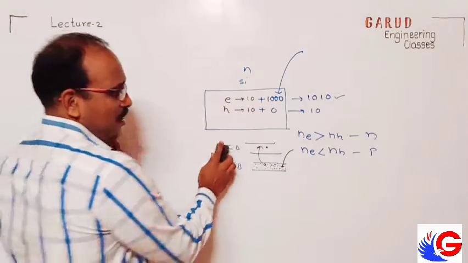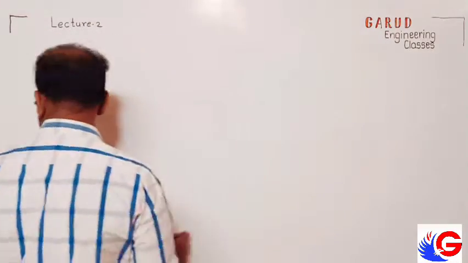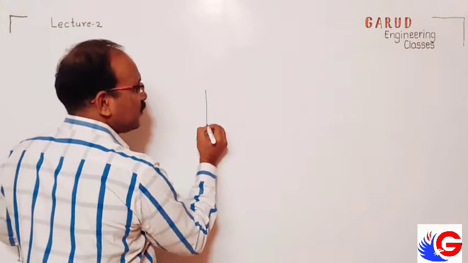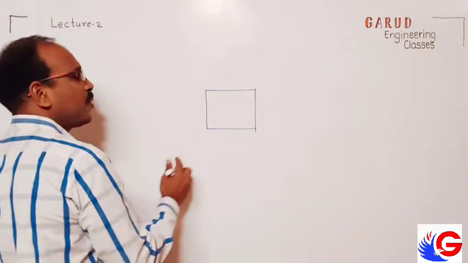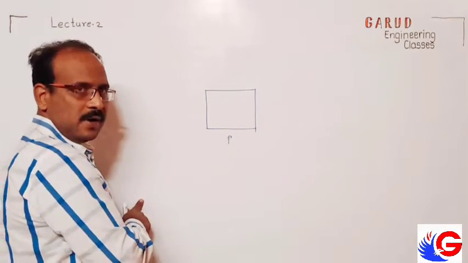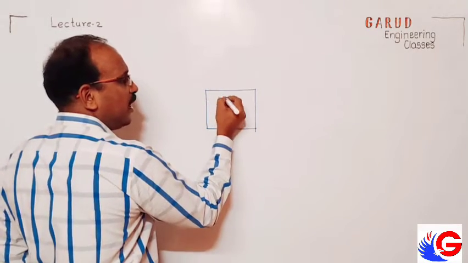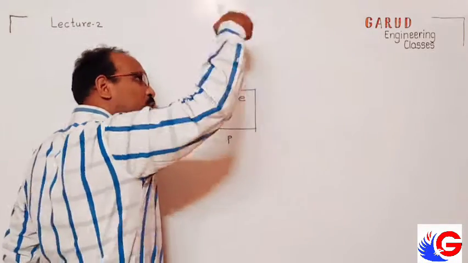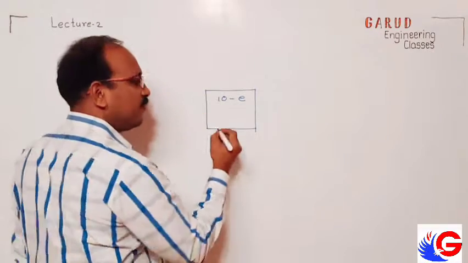Now, here, suppose this is P type material. Okay, P type. Having 10 electrons, and with some doping, I add 20 holes.